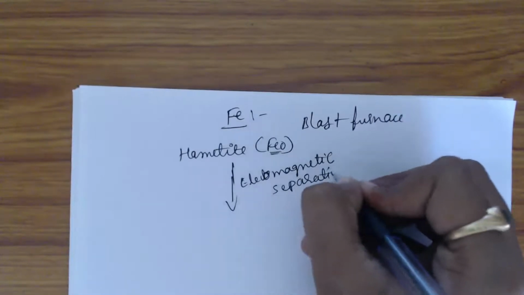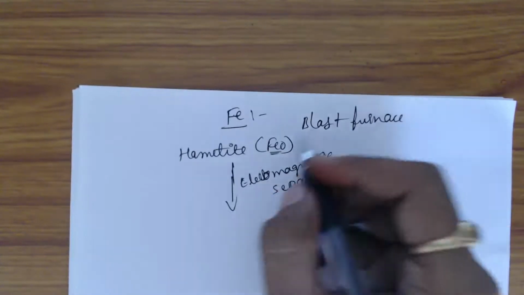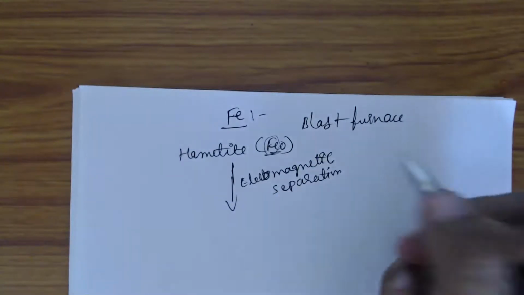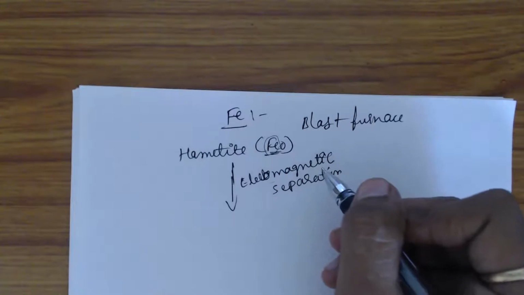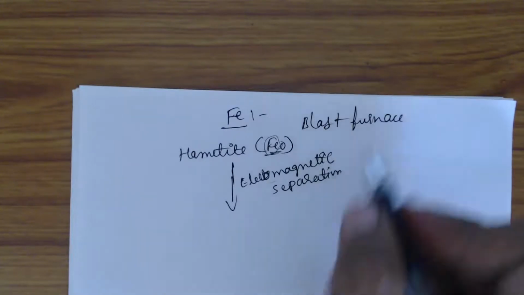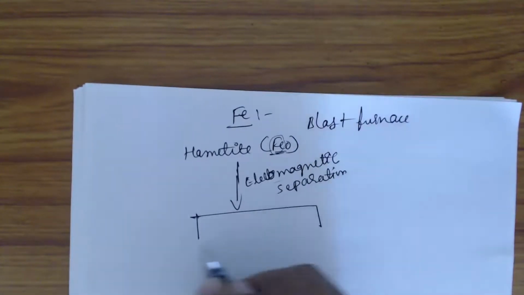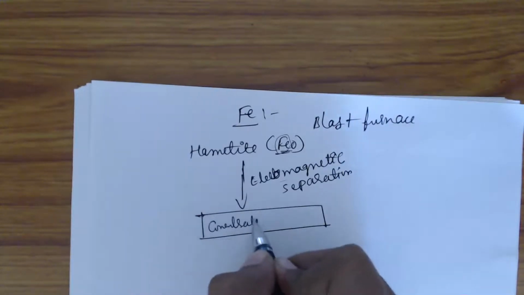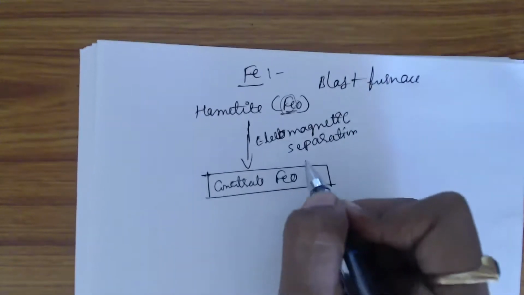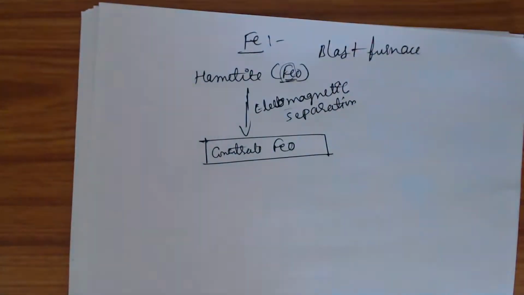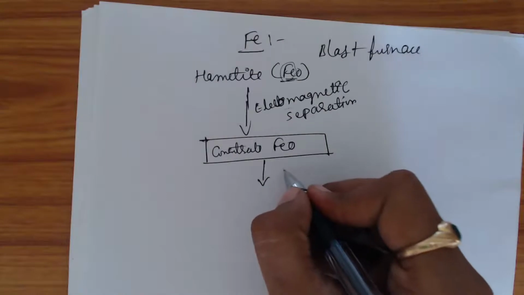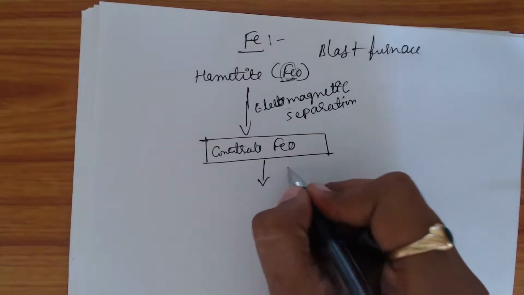As iron is most readily attracted by a magnetic field, it is separated by magnetic separation techniques. Then we get concentrated Fe2O3.